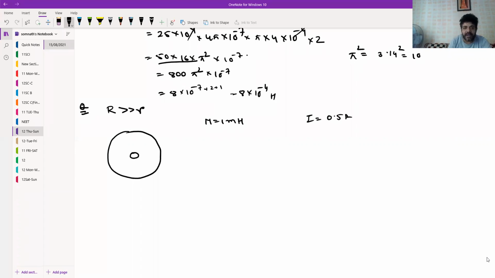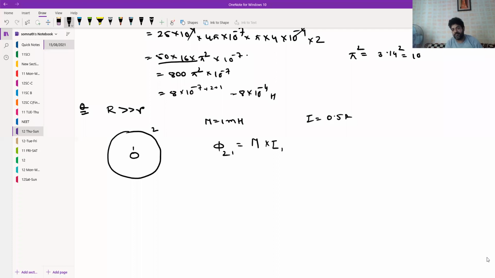Dekho, current is 0.5 ampere. I can suppose this is the first coil, this is the second coil. What would be the flux linked with the large coil when this current flows in the smaller coil? As we know, flux at the second coil due to the first coil is mutual induction into current of the first coil, because it is given for the first coil.